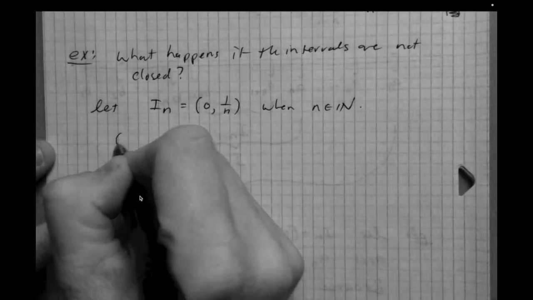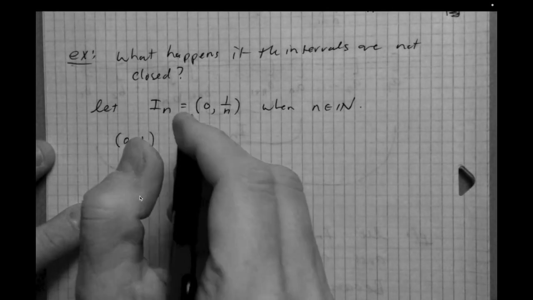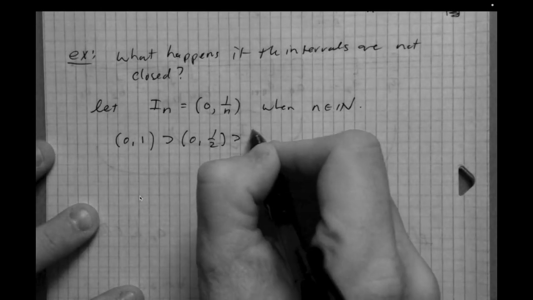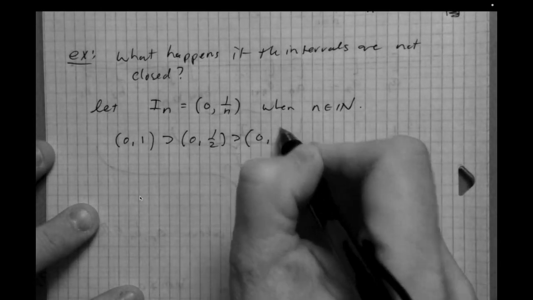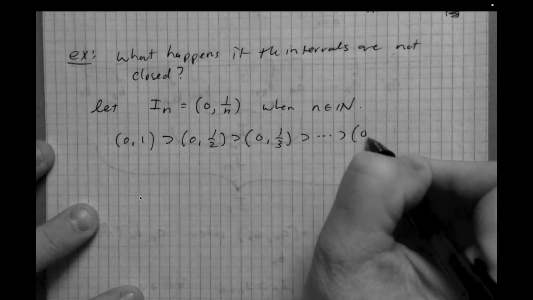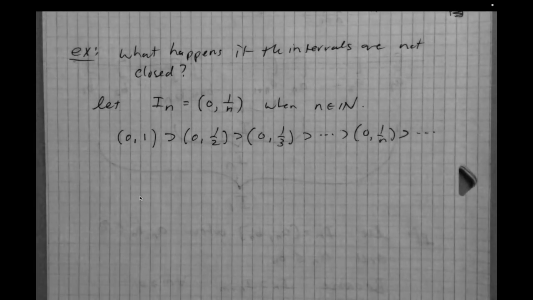If you think about this, the first interval will be 0 to 1, 1 over 1, and that's going to contain the next interval, which would be 0 to 1/2, which will contain the next interval from 0 to 1/3, right? And so on. Right, and so they're all going to be nested in this way.